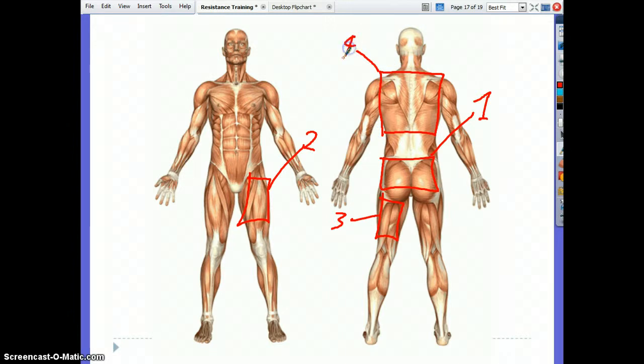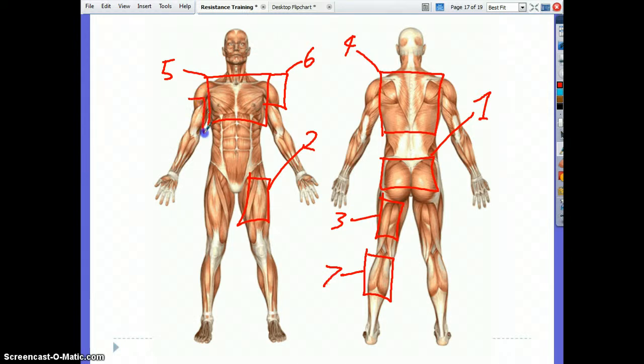Then we're on the chest, or pectorals, and that is number 5. Shoulders then come in at number 6. Our gastrocnemius, or calf muscles, come in at 7.